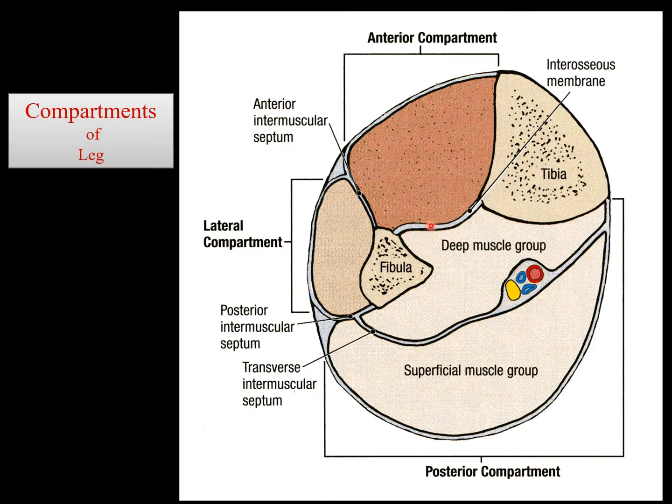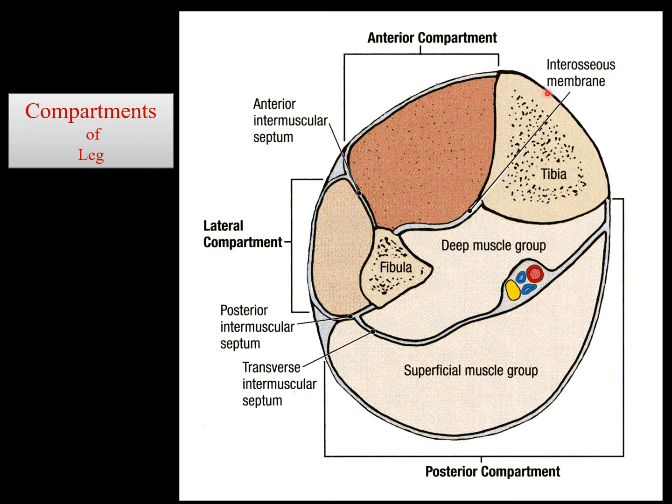So the interosseous membrane is responsible for dividing the leg into anterior as well as posterior compartment. Along with the anterior compartment there is a septum known as the anterior intermuscular septum, which extends from the deep fascia of the leg and attaches to the fibula.